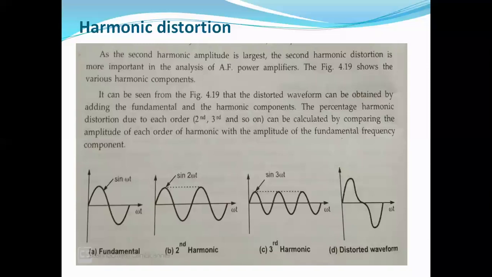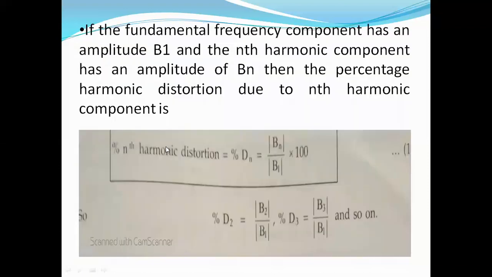The distorted waveform is obtained by adding the fundamental frequency component with these additional components, sin 2 omega t, sin 3 omega t, which are the additional frequency components. If you add these unwanted frequency components with the desired input signal frequency, we may have some distorted signal at the output. So that is harmonic distortion.